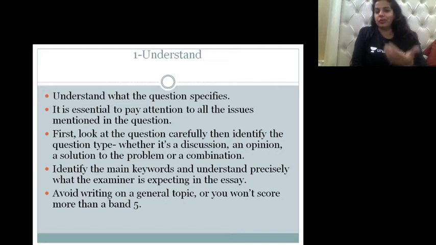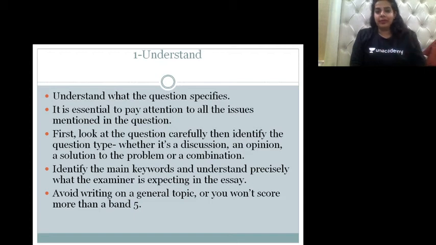This is the way a question can be framed, okay? In that case, you are discussing again advantages, disadvantages, but you are taking a side. You are presenting your opinion. Now, one quick tip I would like to give you in this case is, which you can somehow apply in some of the other essays also.